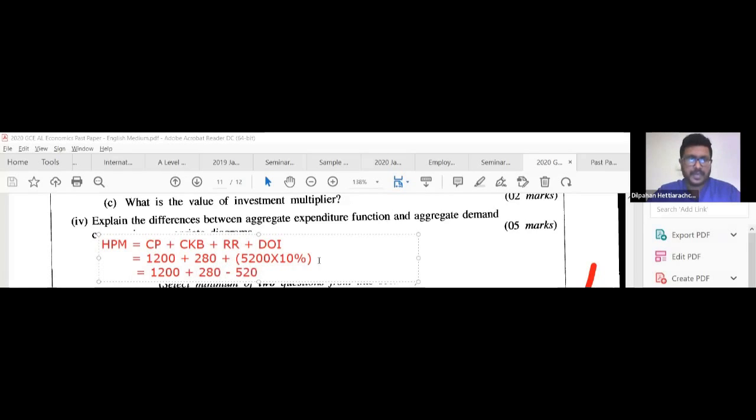So then simply we can get the values. 5,200 into 10%, it's 520. So 1,200 plus 280 plus 520, answer is 2,000. Okay, answer is 2,000.